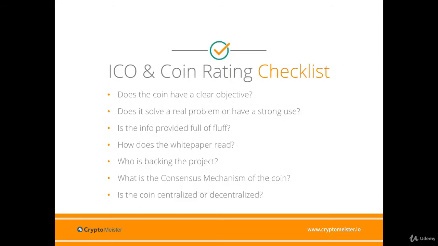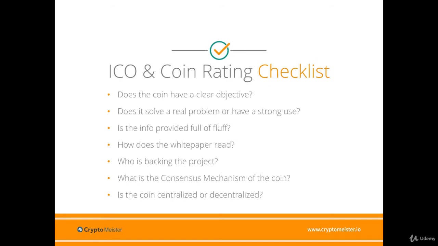Here is a list of useful questions that you should use to help you gather information when conducting your market research. These questions are equally relevant whether you are deciding on which ICO to participate in or researching an already established coin. Does the coin have a clear objective? A coin needs to clearly state its purpose, since not all coins are meant to act like a traditional currency.